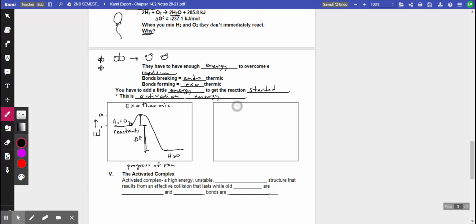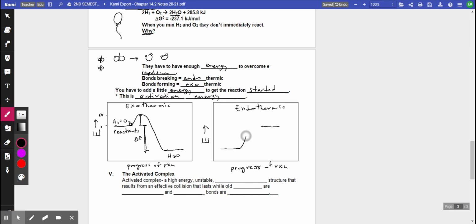Okay, and then let's also do an endothermic example. So it's the exact opposite of what we had over here. Energy is increasing on the y-axis, and this is the progress of the reaction on the x-axis. So for endothermic, we're going to start at a lower energy and end at a higher energy.